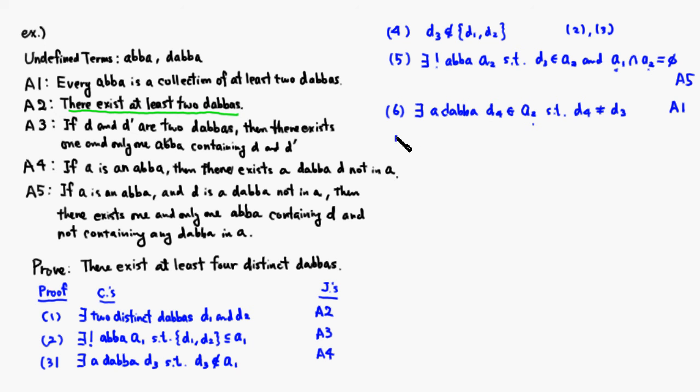So number 5, we know that D4 is distinct from D1, D2, and D3. This is from combining line number 2, which tells you that D1 and D2 are in A1, and A2 is distinct from A1, so line 5 and also line 6 combined.